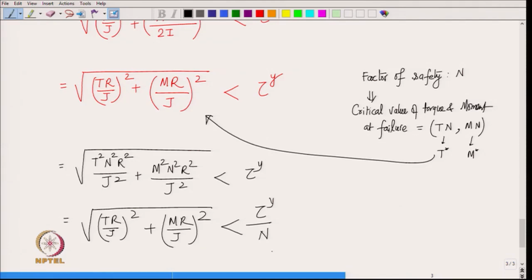So, this actually limits our operational value of torque and moment, and that is obvious, right. Since we have factor of safety in mind, we never want the operational load to actually reach the critical load, all right.